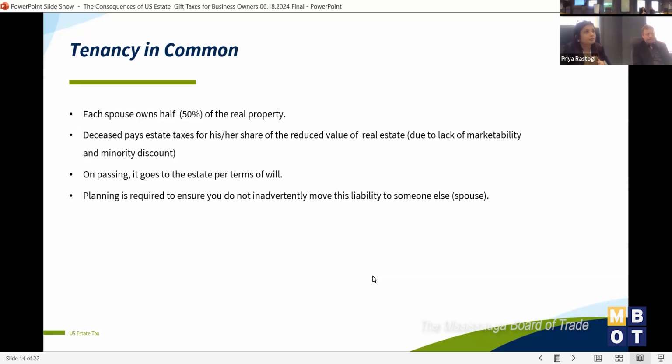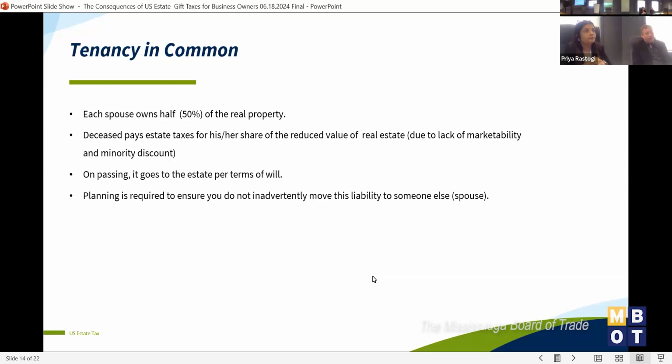Whatever the will says, it ends up going to title according to those terms. If it's joint tenancy, it just goes automatically to your spouse, whoever you have joint title with. If I use your spouse as an example, your husband would get the full property, so there's no discount because he'll have full title to it.